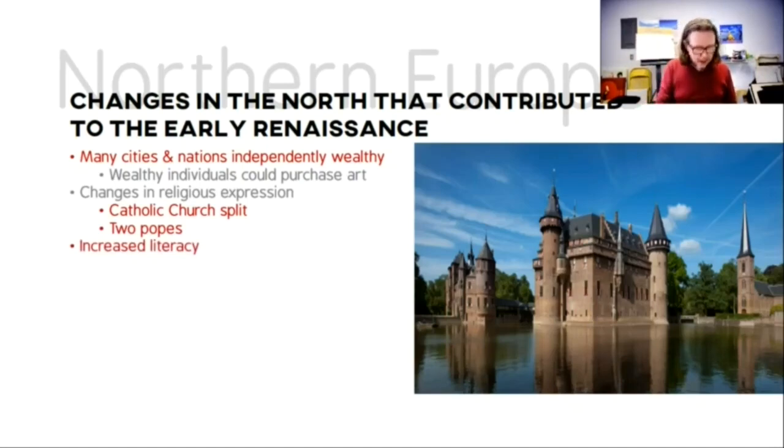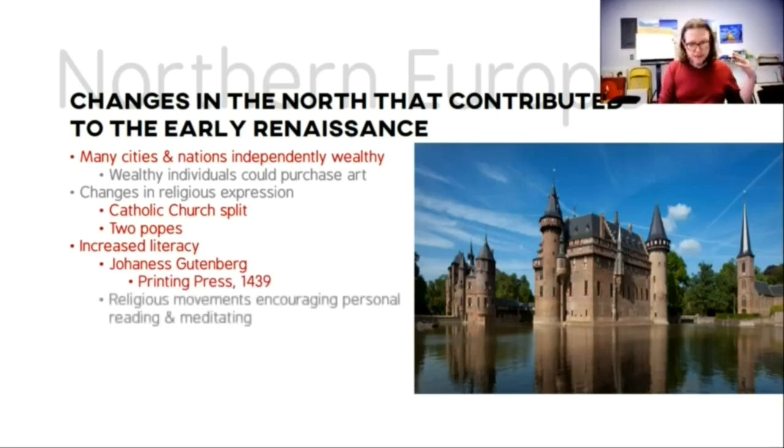Then there was increased literacy in the north, particularly due to an inventor by the name of Johannes Gutenberg. He was in Germany, who invented the printing press and movable type in 1439. And so people began to turn to religious movements that encouraged personal reading and meditation on sacred text to develop a personal relationship with God.